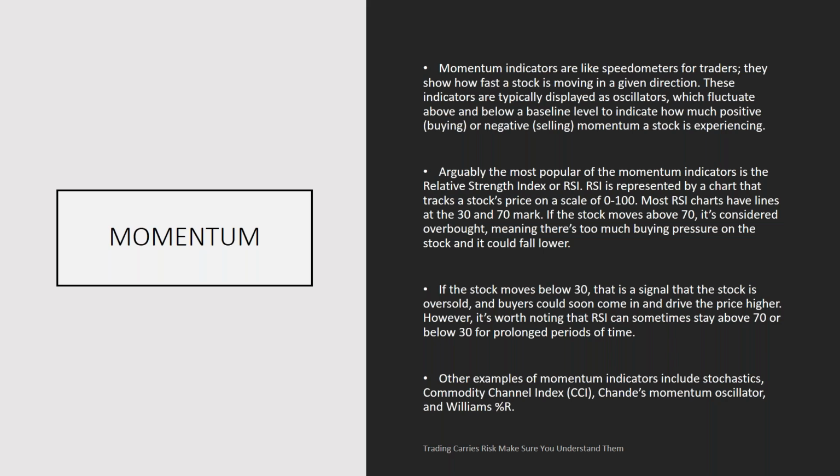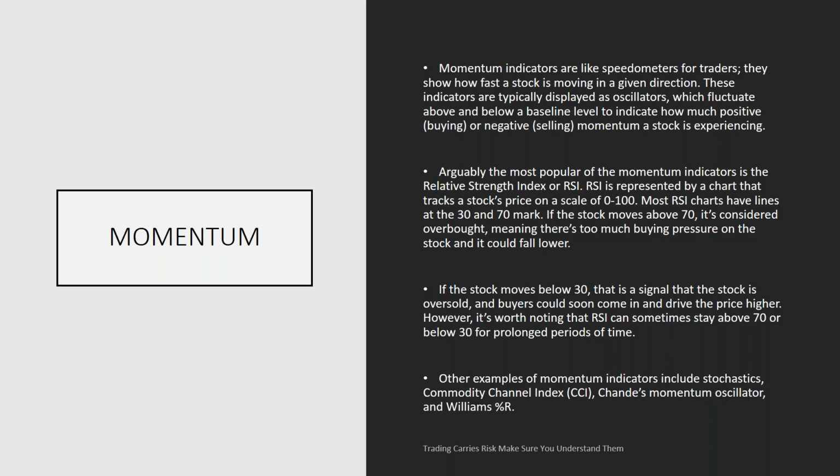Momentum indicators are like speedometers for traders. They show how fast an asset is moving in a given direction. These indicators are typically displayed as oscillators, which fluctuate above and below a baseline level to indicate how much positive or negative momentum an asset is experiencing.